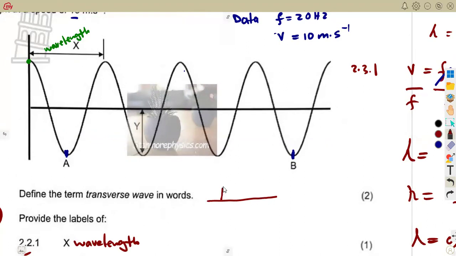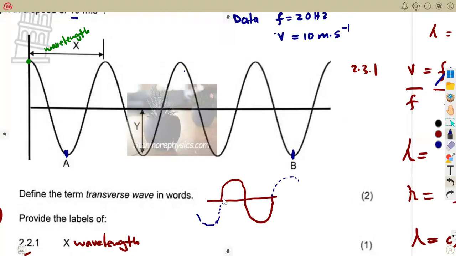It can be easier this way. If you are given a sine wave like this, which we are used to, this is a half which is going somewhere, and this is another half which is going somewhere.